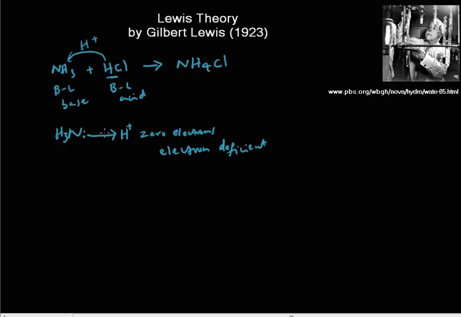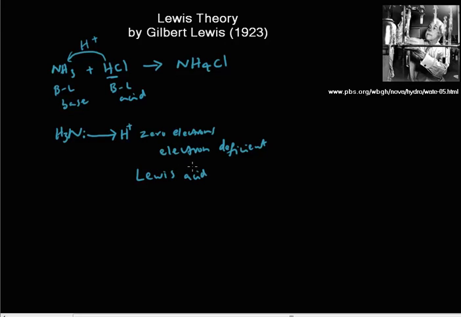Of course they belong to both of them, but eventually, since the nitrogen is donating a pair of electrons to hydrogen, it's stable now because it gets 2 electrons. Previously it had 0. And Gilbert Lewis called species like these, electron deficient species, Lewis acids.